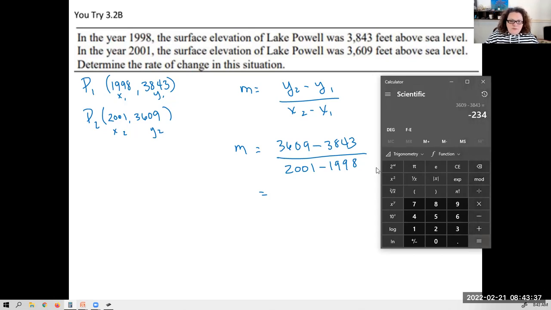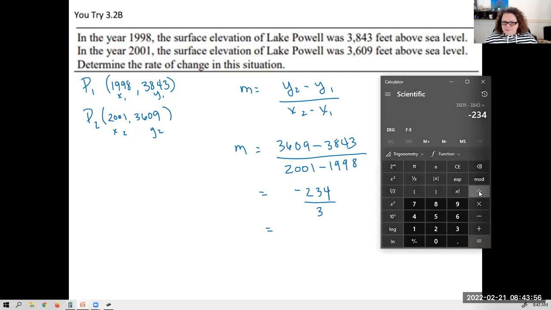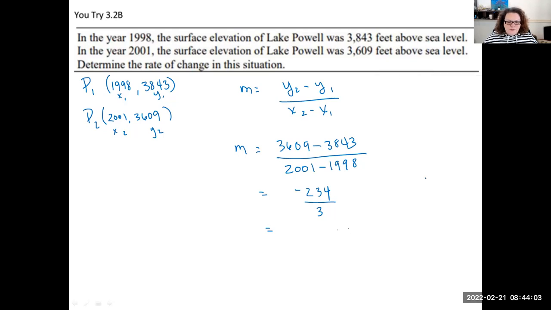So negative 234 divided by 2001 minus 1998 is 3 years. So what does that equal? Calculate it back. So that's divided by 3 is negative 78. So negative 78.